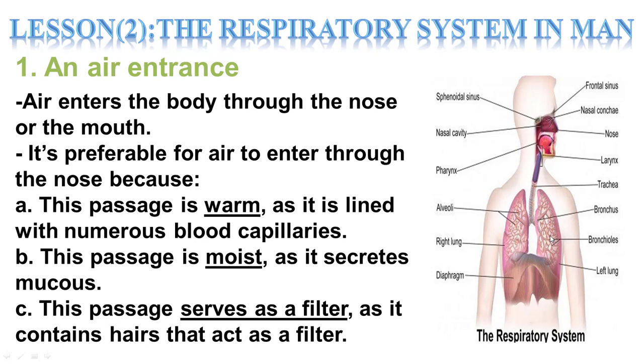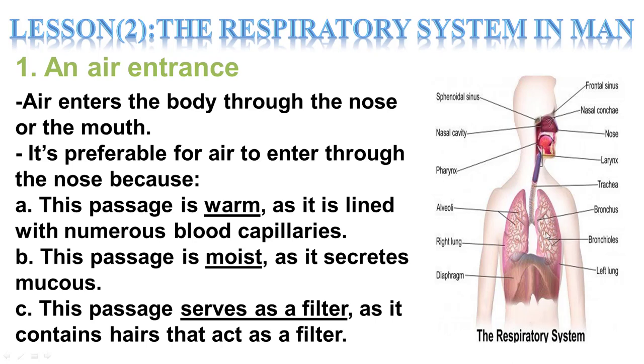The end of each bronchiole is surrounded with sacs named alveoli, meaning the air sacs that are present inside the two lungs.